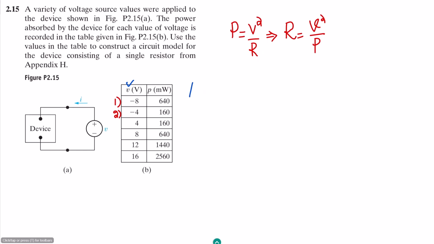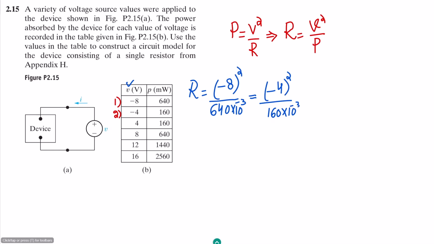So that would be R, and here it would be V squared divided by P. So V squared, minus 8 whole squared divided by 640 times 10 to the power minus 3 for the first pair. For the second one it would be minus 4 whole squared divided by 160 times 10 to the power minus 3. Why minus 3? Because this is in milliwatts.